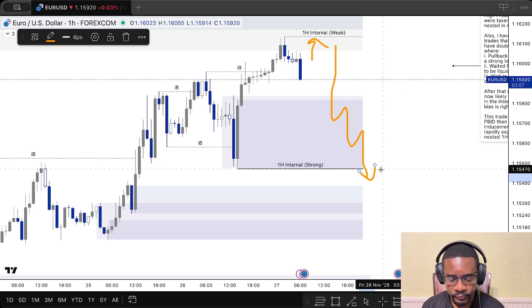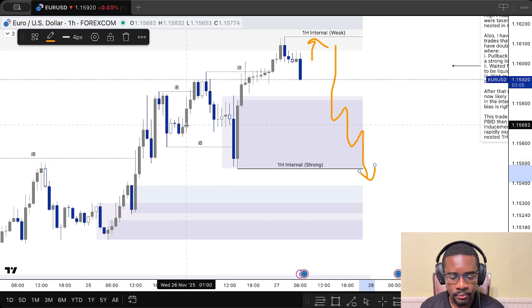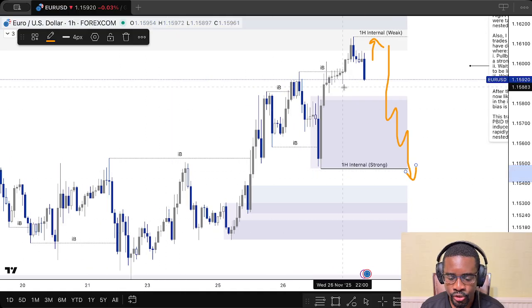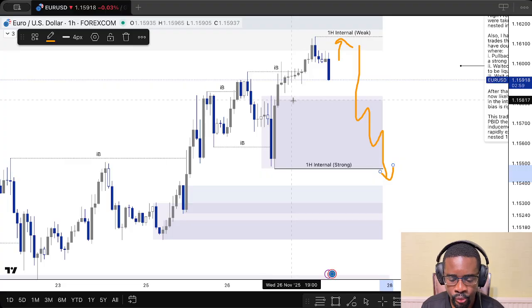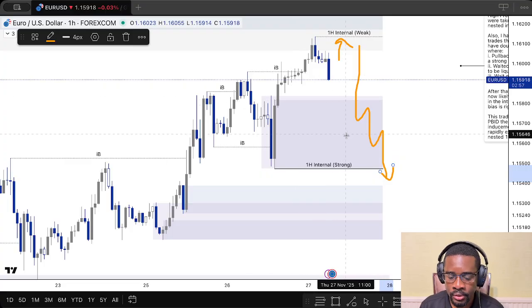The whole week, mind you, we've been bullish, okay, up to this point. So it is possible that we could start to look to go lower.